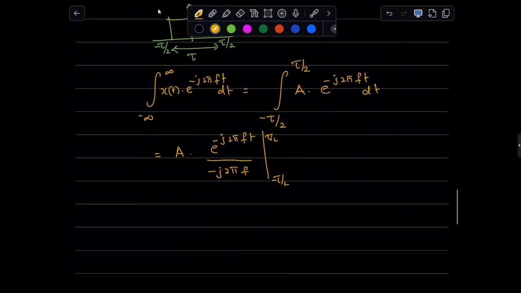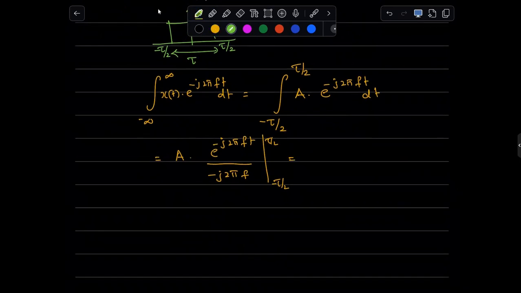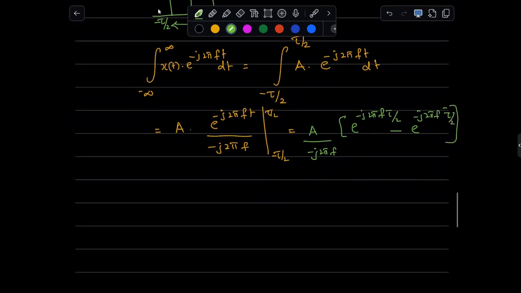So this will become a over minus j 2 pi f into e power minus j 2 pi f into tau by 2 minus e power minus j 2 pi f into minus tau by 2. So this is the function.